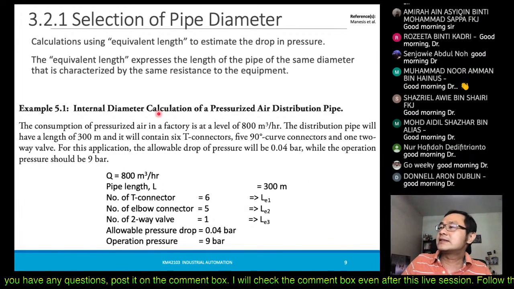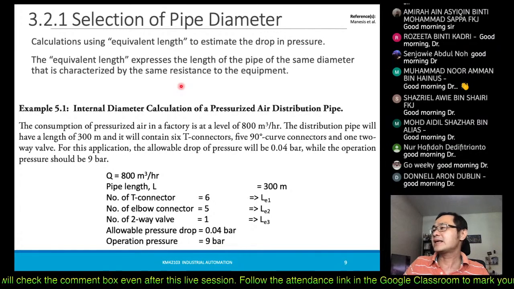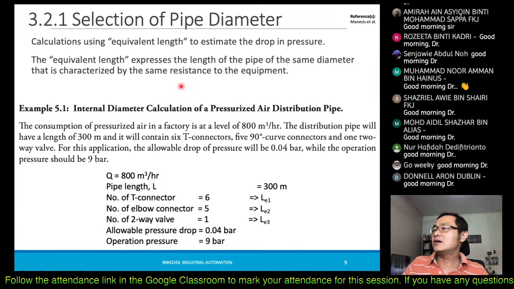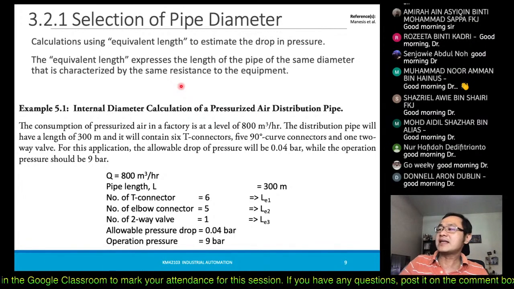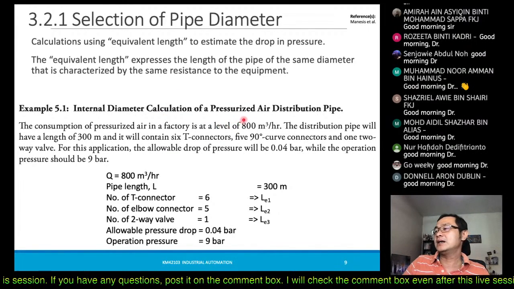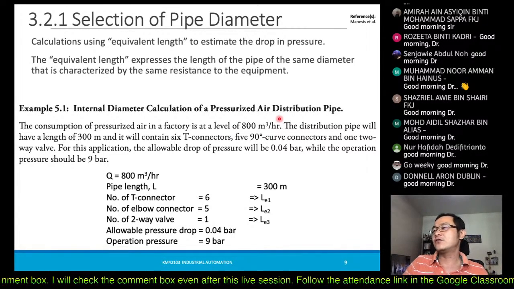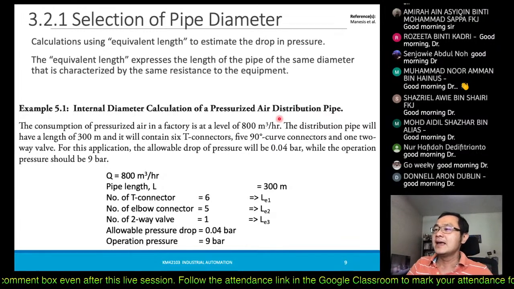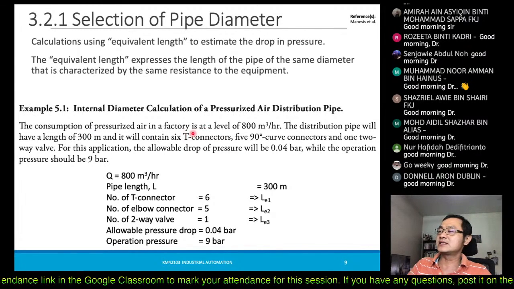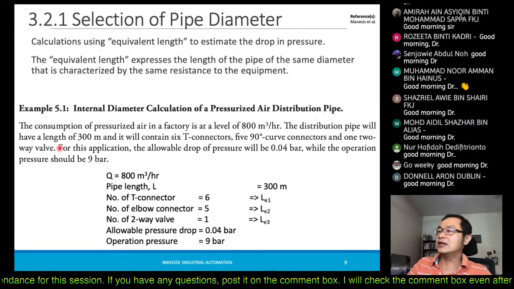So here we have an example extracted from the text, where we intend to calculate the diameter for a pressurized air distribution pipe. This factory will have a consumption of 800 cubic meters per hour of compressed air, and the distribution pipe will have a length of 300 meters with 6 T joints, 5 90-degree curves, and one two-way valve.